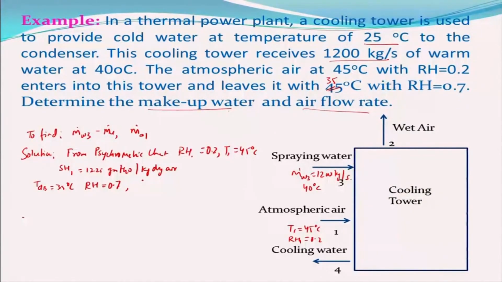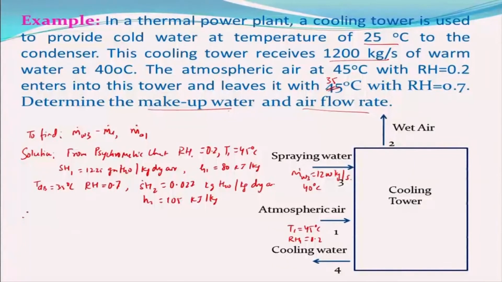So I will get SH2 is 0.027 kg of water per kg of dry air. H2 I can get 105 kilojoule per kg. And H1 we can also find out from the psychrometric chart, that is H1 is equal to 80 kilojoule per kg.